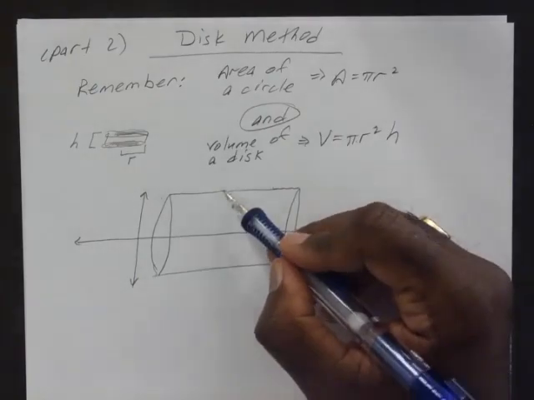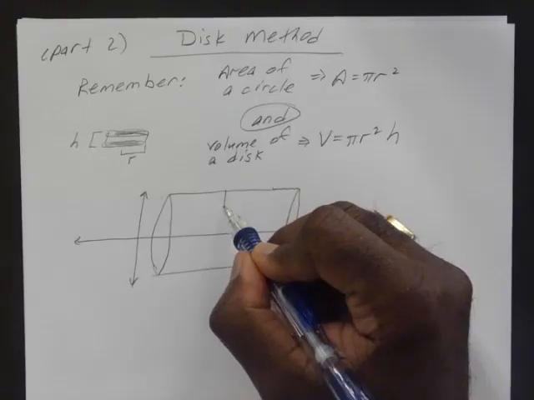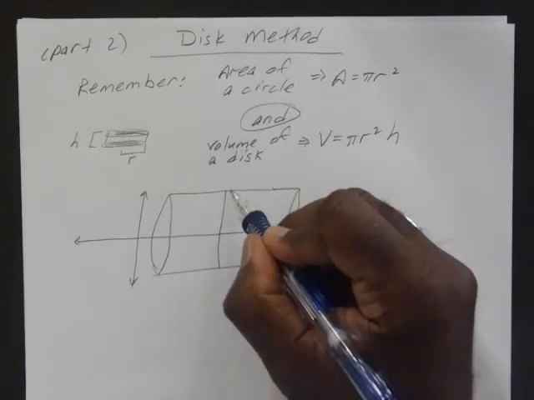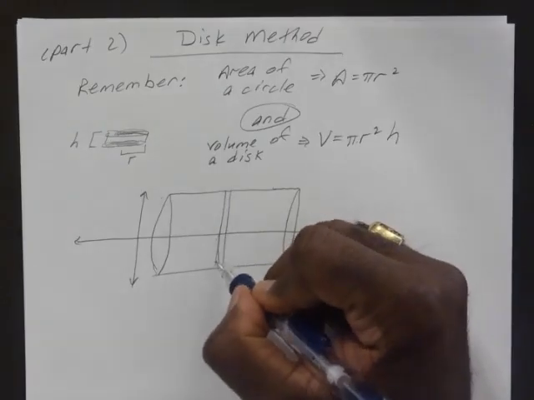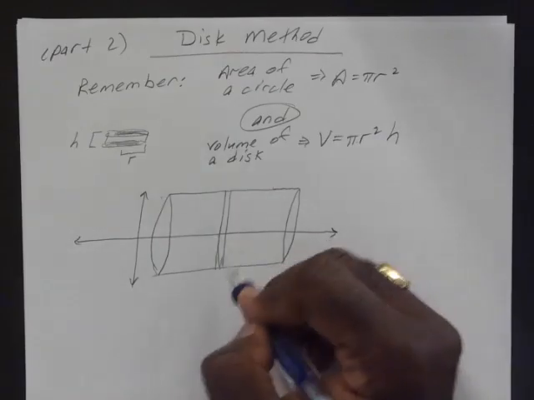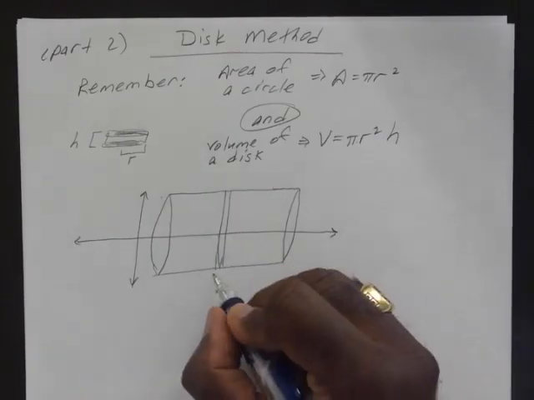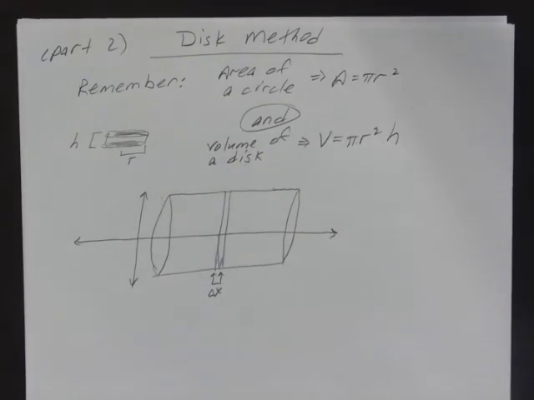So again, if we take just a disk out of this cylinder, so we're not going to look at the whole thing, just that one disk that we take out. The width of that would be your delta x, which is x sub i minus x sub i minus 1.